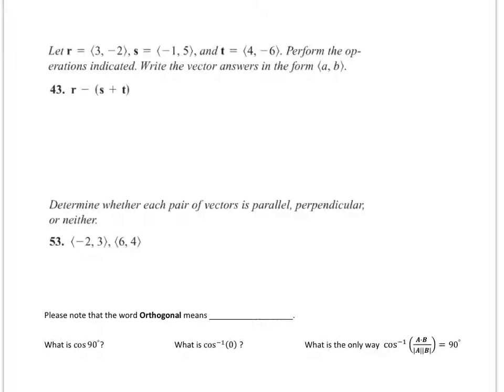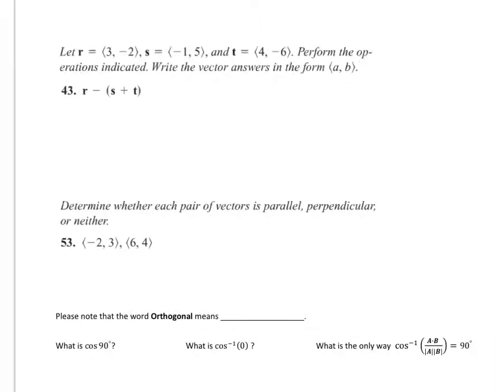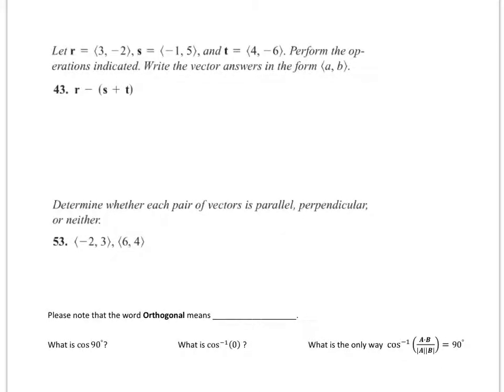First thing we have to do is S plus T. So S plus T then is, what is that? 3, negative 1. Thank you. And now we're going to subtract that from R, which is 3, negative 2.